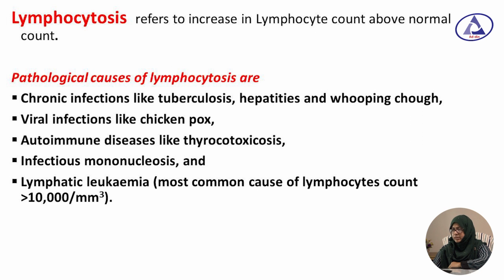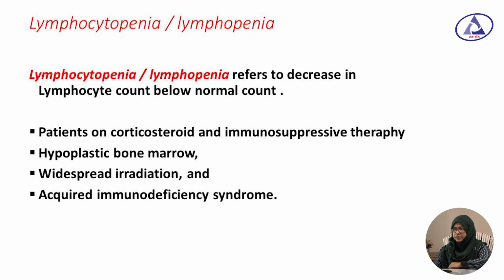Here you can see the count is more than 10,000 per cubic millimeter of blood. And lymphocytopenia refers to a decreased lymphocyte count below normal. The causes are patients on corticosteroid therapy or immunosuppressive therapy, hypoplastic bone marrow, widespread irradiation, and acquired immune deficiency syndrome.